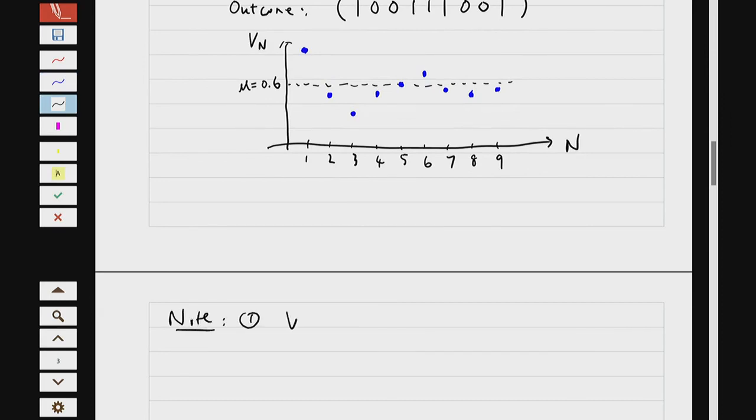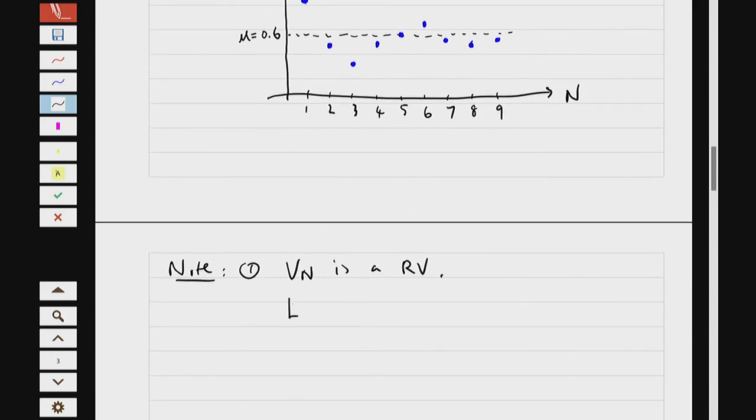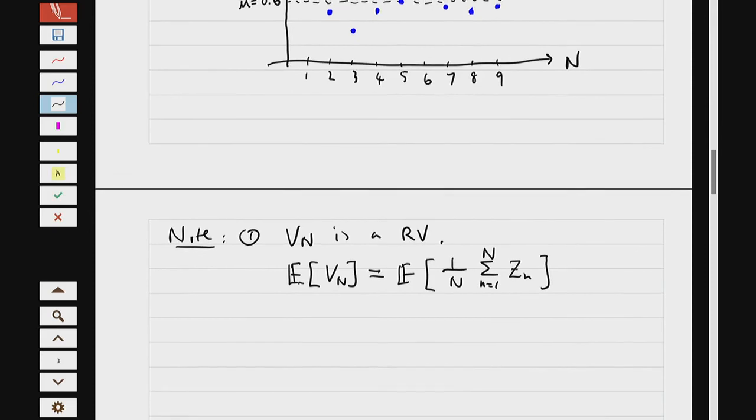One thing to know is that Vn is a random variable. So therefore, we can discuss its expected value. What is the expected value of this Vn? Well, it is, by definition, the expected value of 1 over n, summation from 1 to n, of Zn.